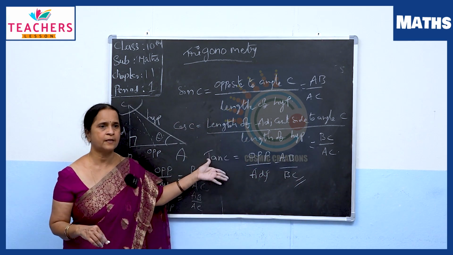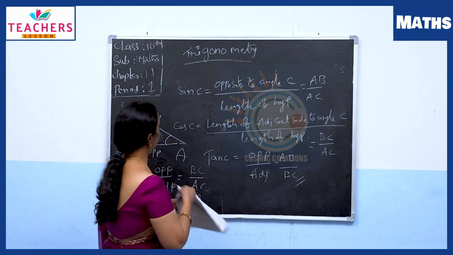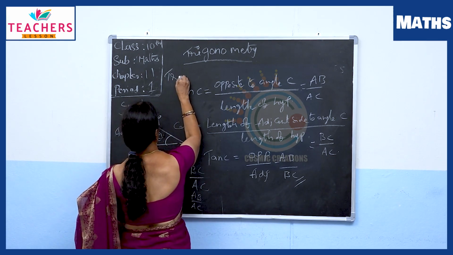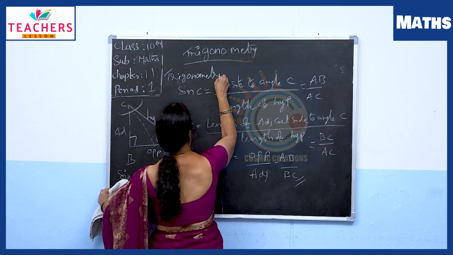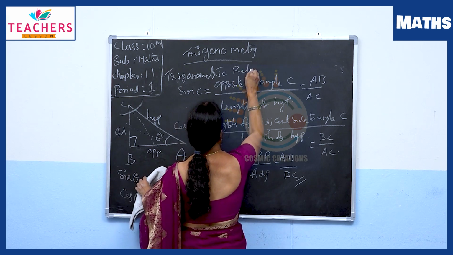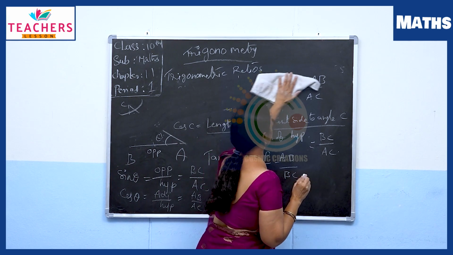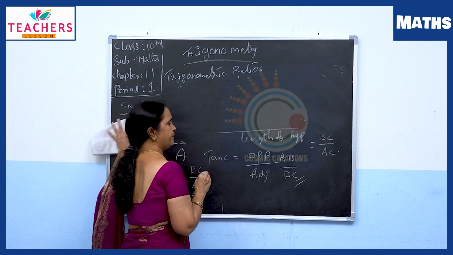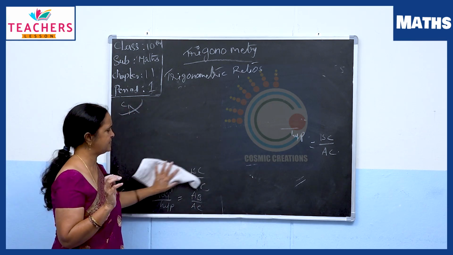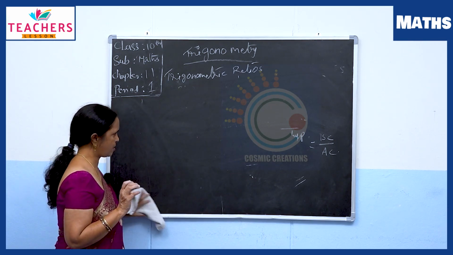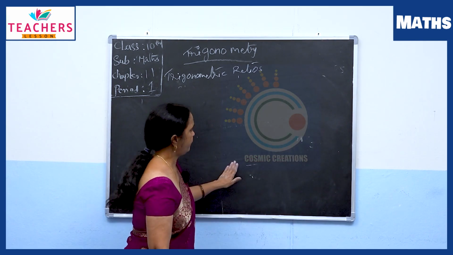These are the trigonometric ratios. What are these? Trigonometric ratios. Now I am writing trigonometric. Whenever I ask you, what are the trigonometric ratios? Can you say? Sine, cos, and tan. Tan of any angle.